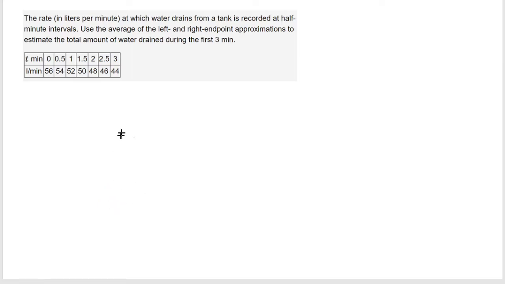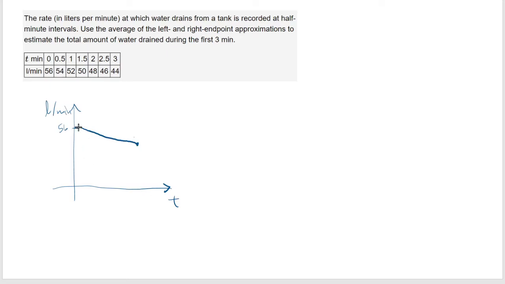Now we don't know the exact shape of the curve, we just know the values at these points. So if I say this is time and that's liters per minute, then at 0 it's 56, and then gradually it goes to 54, 52, 50, 48, 46, 44.